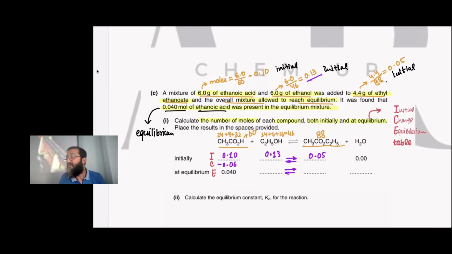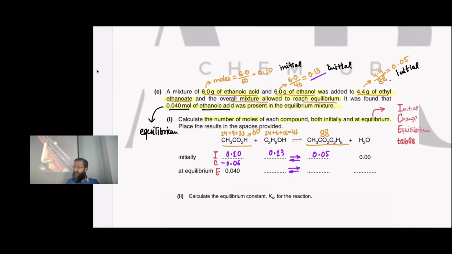So over here, I'm going to mention the change in the negative form because this amount has been reacted. The 0.06 has been reacted and turned into the product. That's why the leftover amount at equilibrium is 0.04. This is the amount at equilibrium, so it means this is the amount of ethanoic acid which is left, unreacted at the equilibrium.